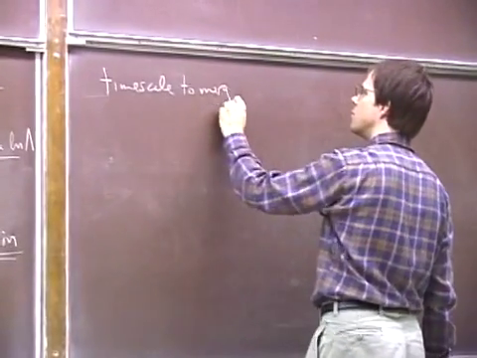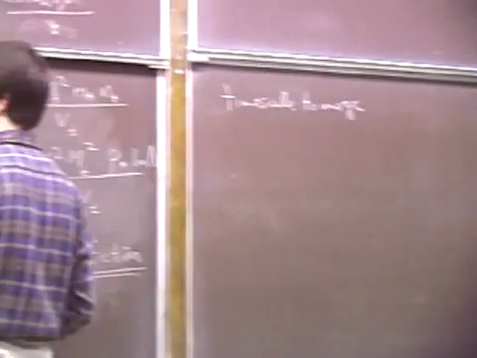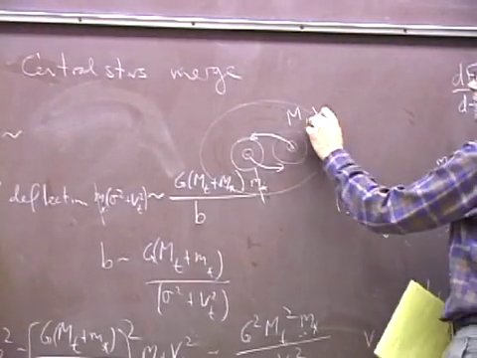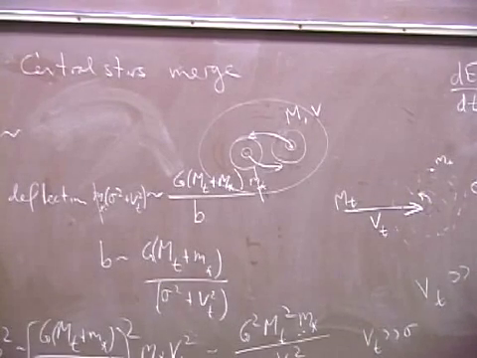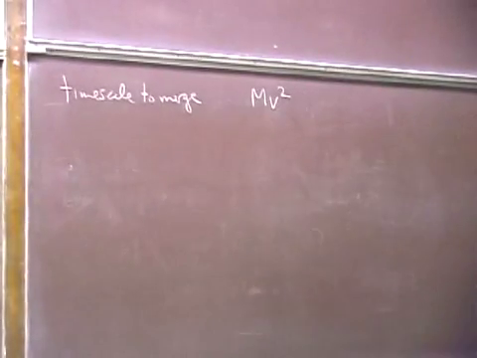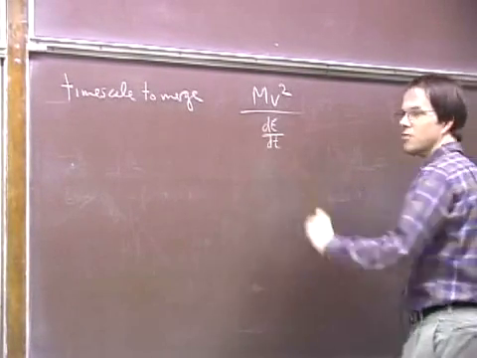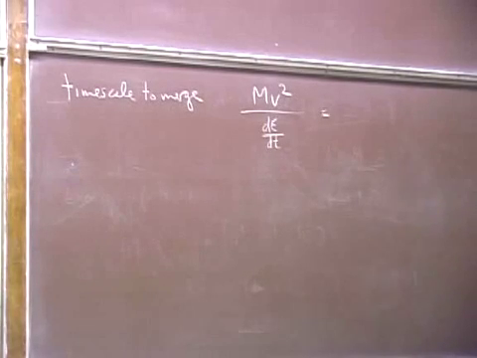to merge will essentially be, if we give each one of these a mass m and a velocity v, their relative orbital velocity will correspond to an energy of order m v squared, and then we want to divide that by the rate at which they're losing energy to their surrounding stars.